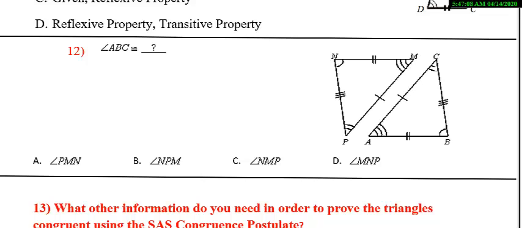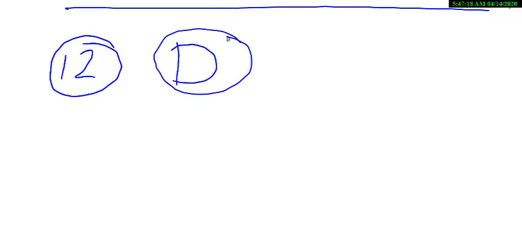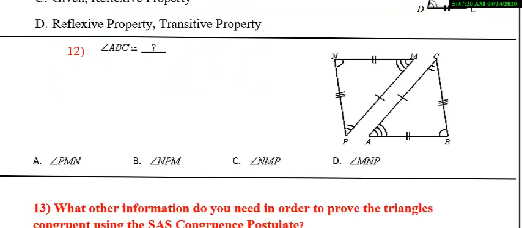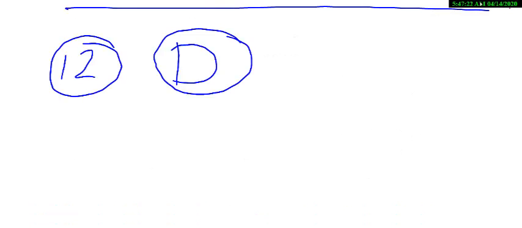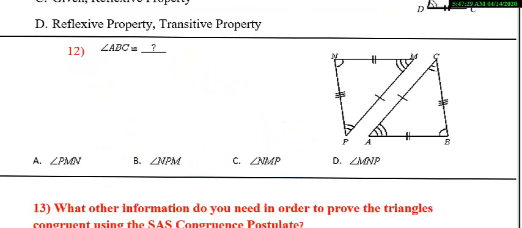So the correct answer is ABC matching with MNP, which is number D. The answer for question number 12 is D, which is angle MNP, matching with angle ABC, which is congruent to it.